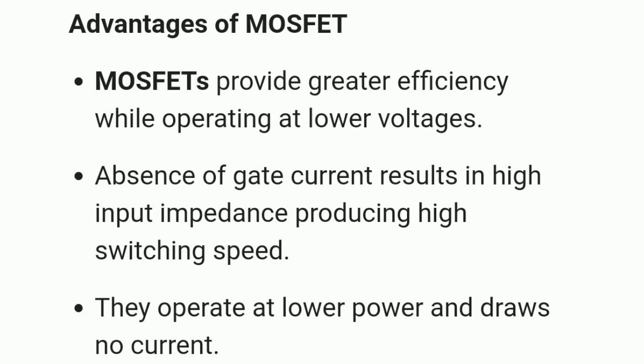Second, the absence of gate current results in high input impedance, producing high switching speeds. This is the greatest advantage of E MOSFET. And third, they operate at low power and draw no current. So these are the three major advantages of the MOSFET.